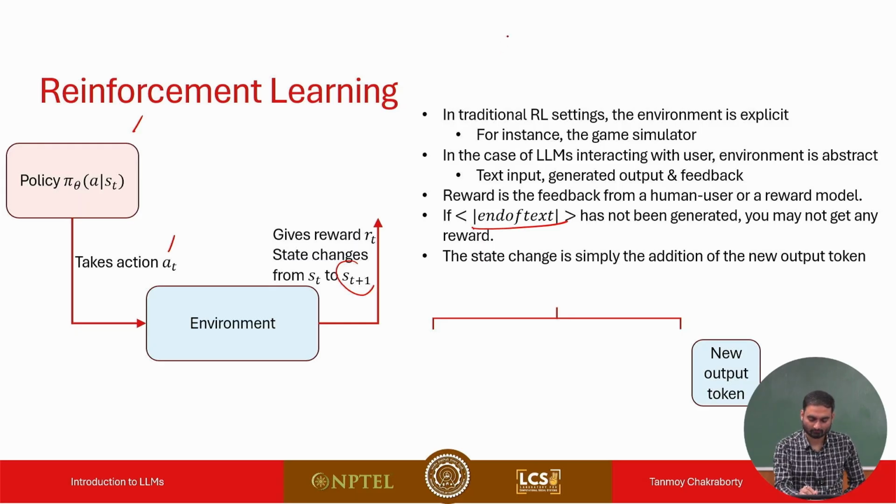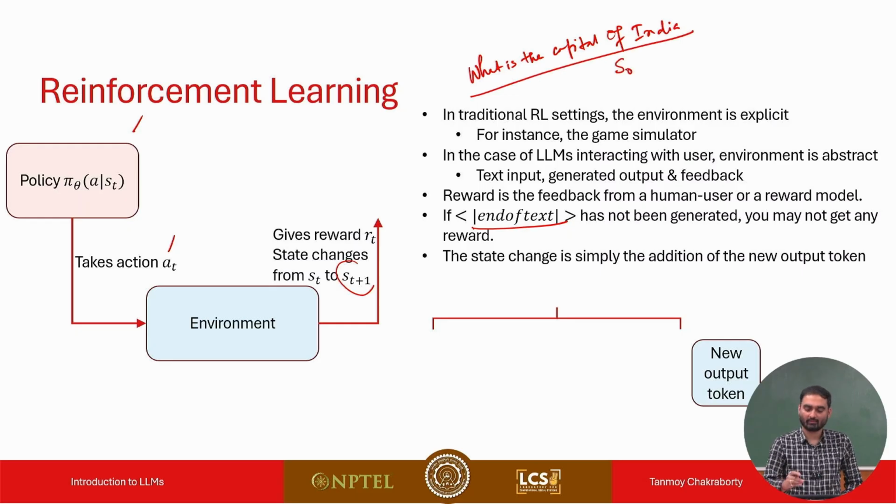What does it mean? Let's say: what is the capital of India, right? So this is my prompt, and my current state is S0. You give it to the model and it says "the", so my current state is S1, from "what" to "the".